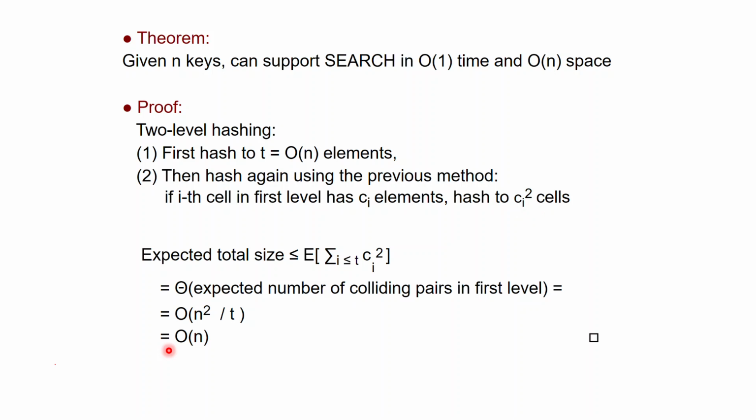And the amount of space that you're going to require is the sum of all the c_i squared, and it is possible to bound this quantity and show that on average it will be order of n.